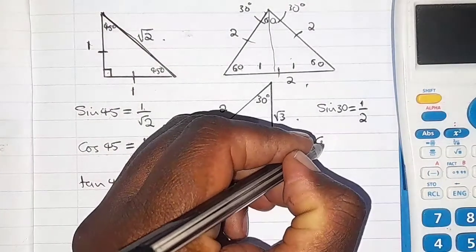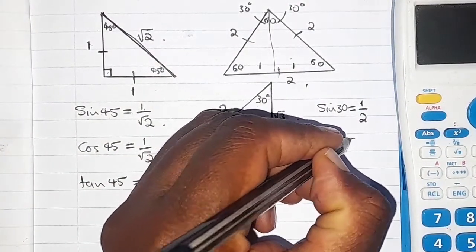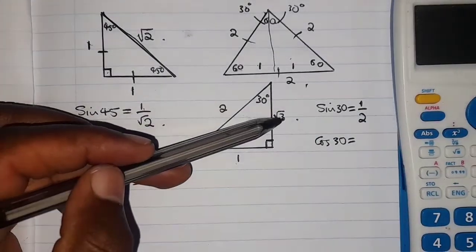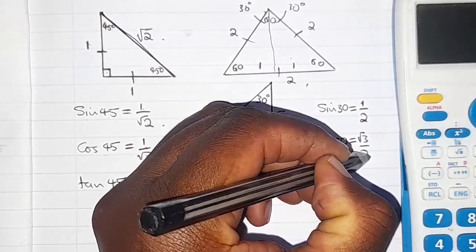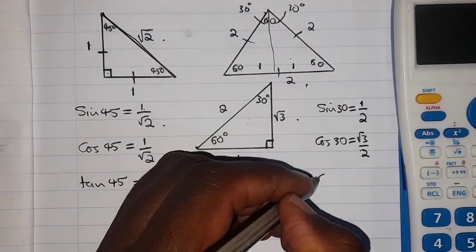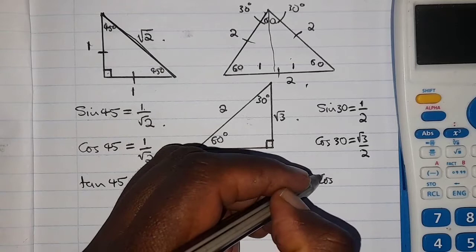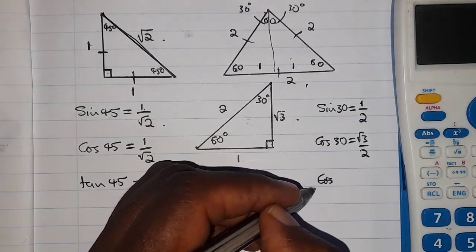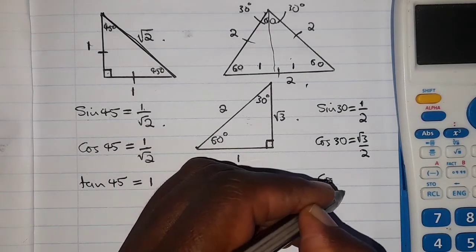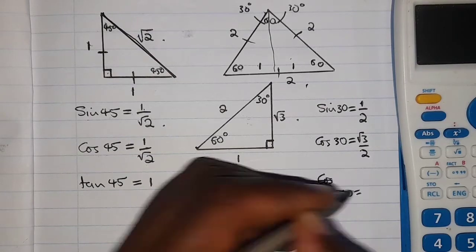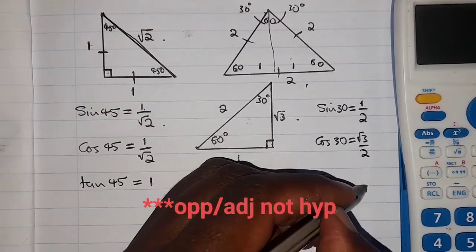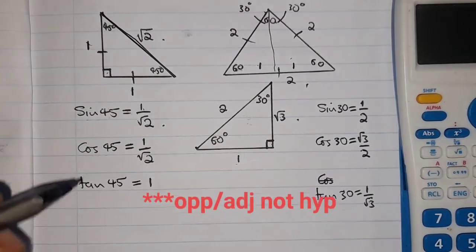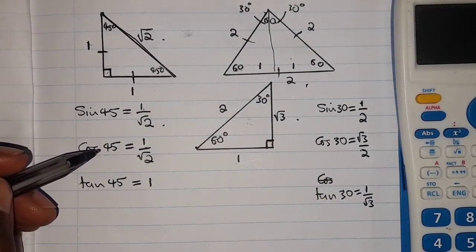And then cos 30 also is adjacent over hypotenuse, that is √3/2. And then tan 30 is equal to opposite over adjacent, that is 1/√3. These also you should be able to know them by head.